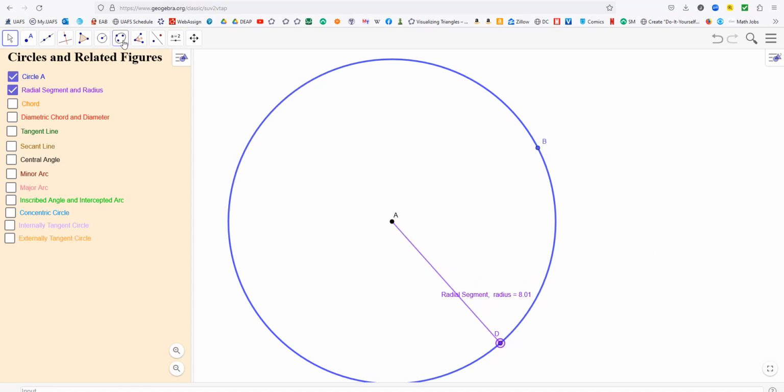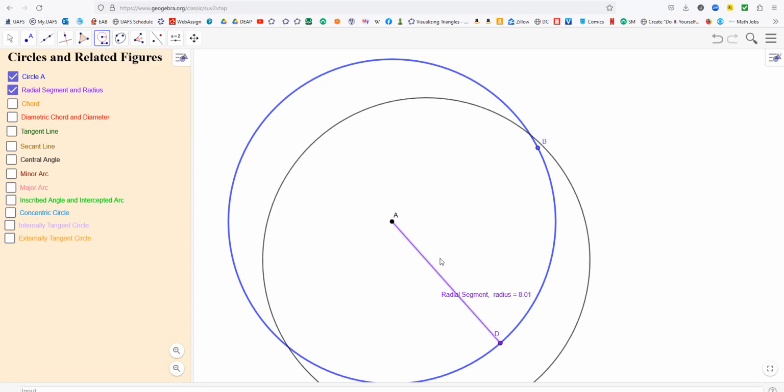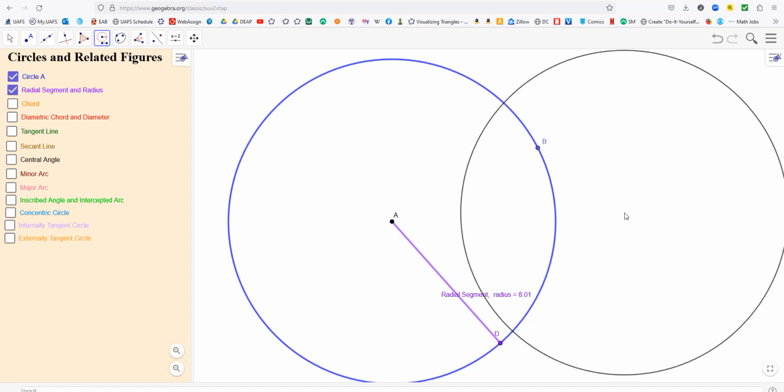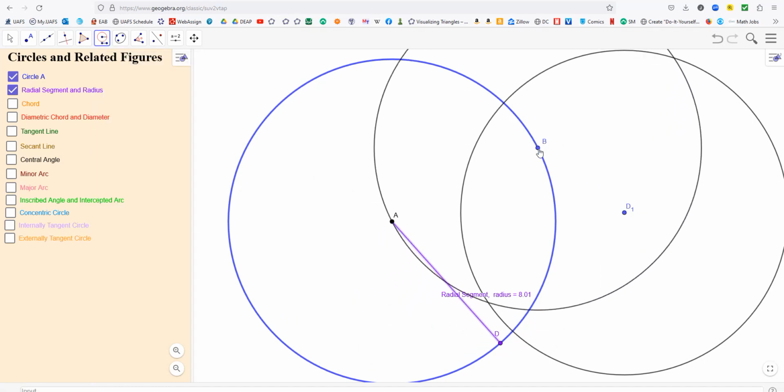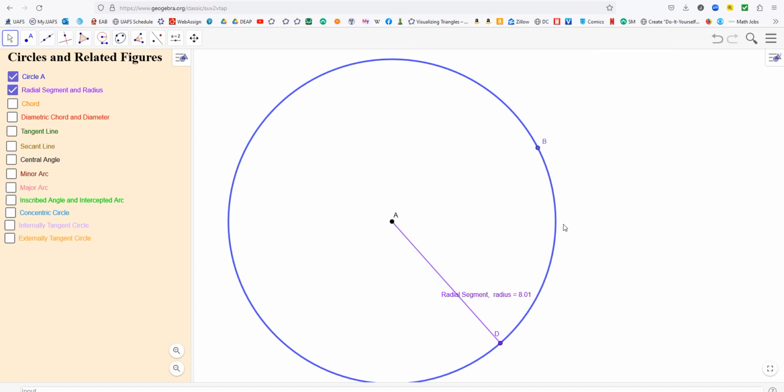We can also use a compass tool: you click on a distance here, and that makes a circle of that radius, and then you just have to specify the center point. For example, if I click on this distance and click here, that's going to be a circle centered at B. It's going to go back through A. So that's a quick overview of some of the most basic circle tools.